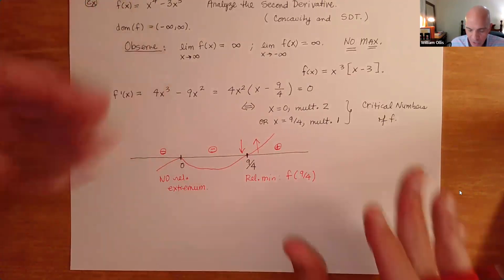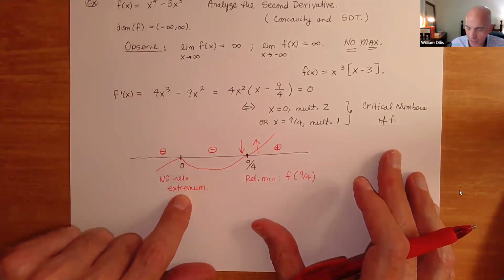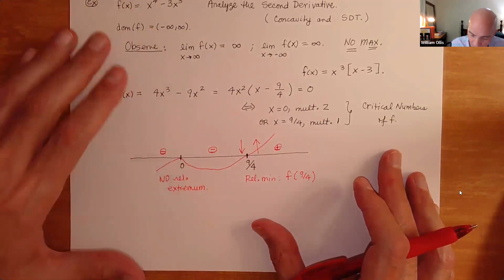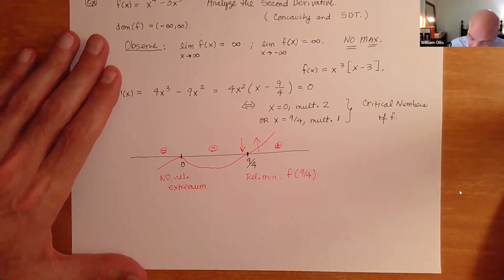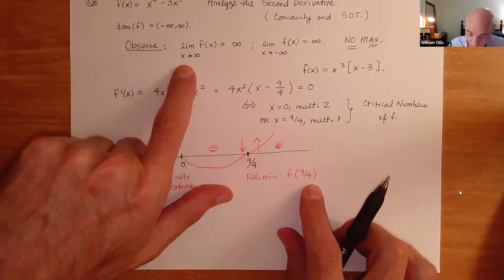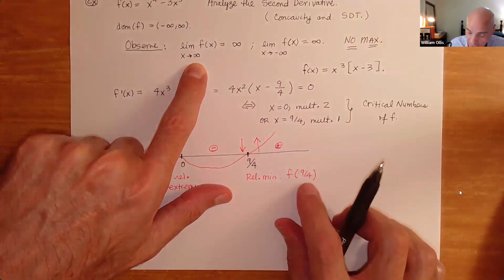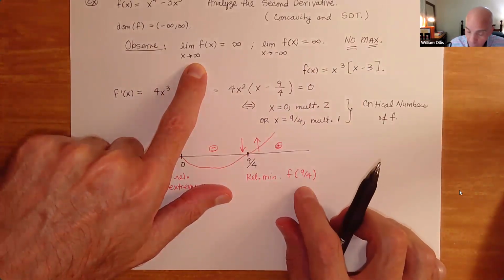It stays, just like the decreasing nature stays here. So we have no relative extremum at 0. Now, like I said before, because if we consider the end behavior here, where we blow up to infinity as x approaches infinity and negative infinity, then this actually becomes an absolute minimum.